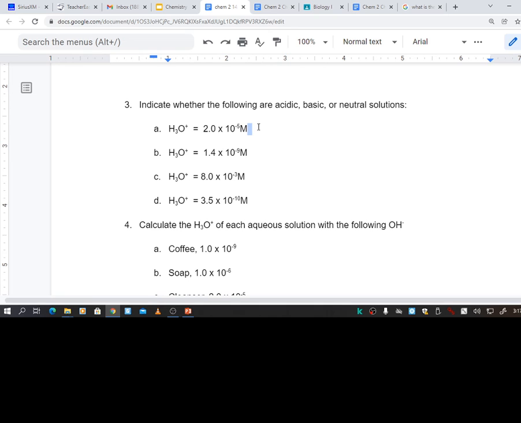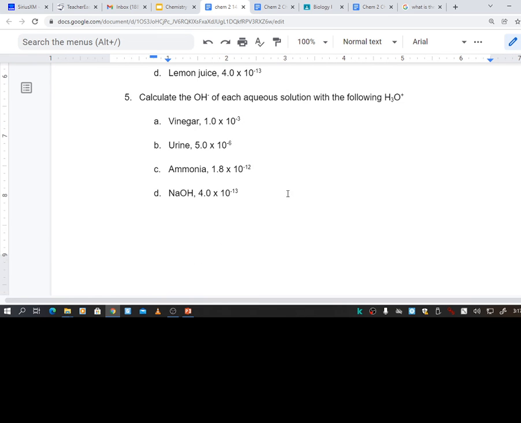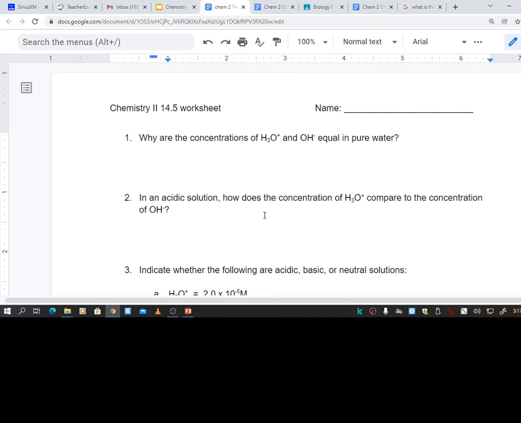Is it smaller? Is it bigger? If this is the larger number, then it's acidic. If this is the smaller of the numbers, that's going to be basic. And then number 4 and number 5 are just calculating, like here's coffee. This is the OH, what's the H3O? So it's doing the exact same math we have done through the learning checks and the example.